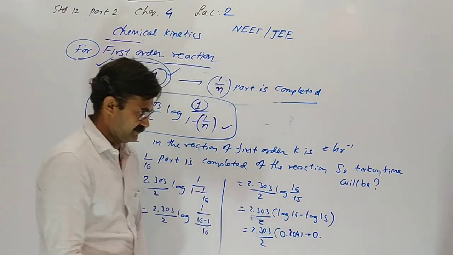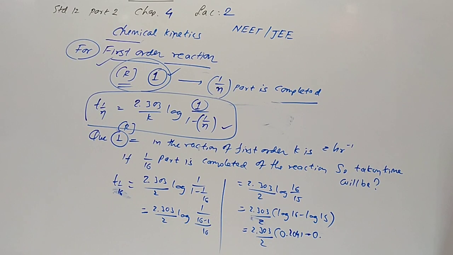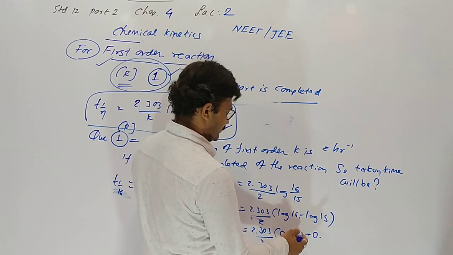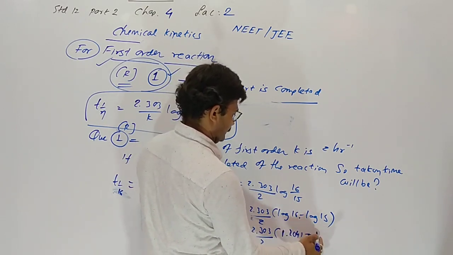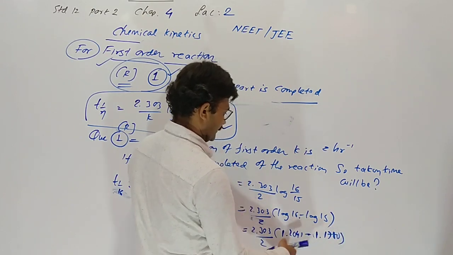Here is 1.2041 and 1.1761, before the point there is 1 digit.